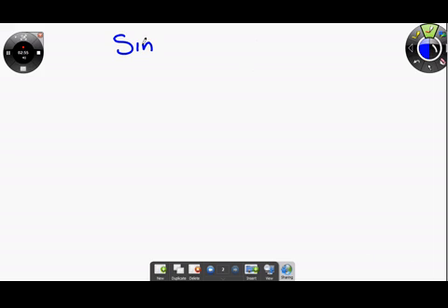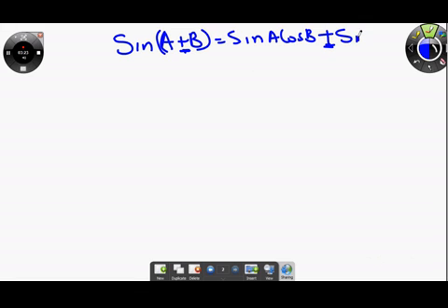Let's say we've got sine of a plus b, and this will become sine a cos b. Because there's a plus sign for sine, you are going to put a plus sign there only for sine. The signs for sine do not change on the other side, so it will still be positive, but now it's going to start with sine b cos a.